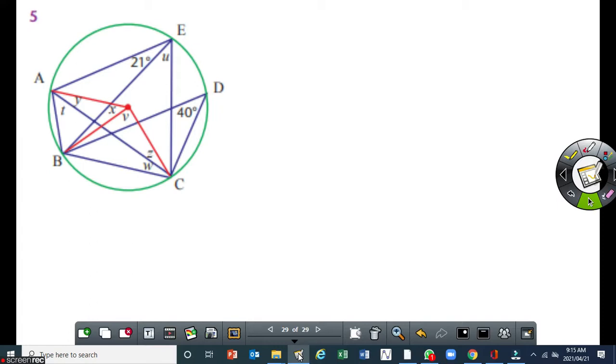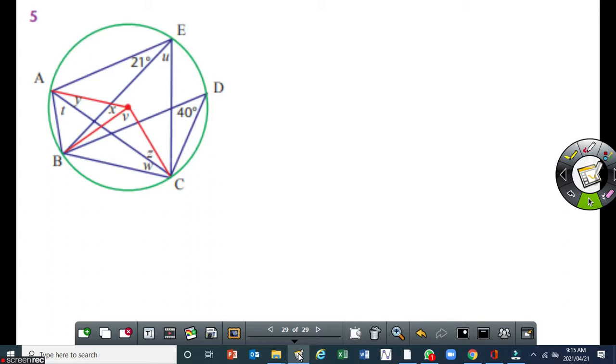I'm just going to repeat again the theorems that we have covered so far. Theorem 1. A line drawn from the center of the circle perpendicular to a chord bisects the chord. A line drawn passing through the midpoint of a chord is perpendicular to the chord.